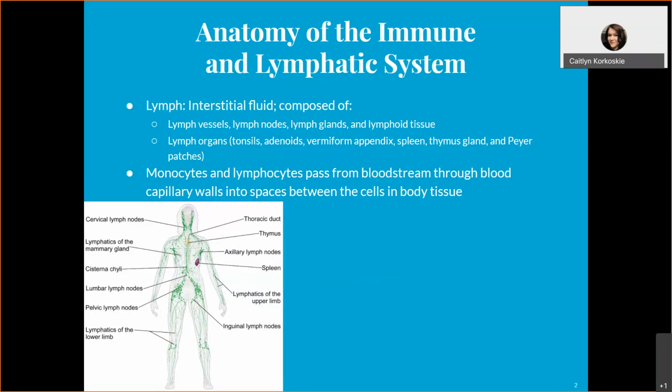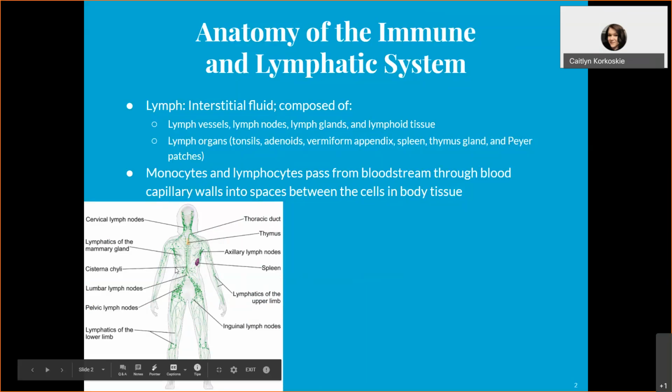So basically it helps to detect anything abnormal, so that way your immune system can start fighting off any disease, disorder, allergy, virus, whatever it comes into contact with.